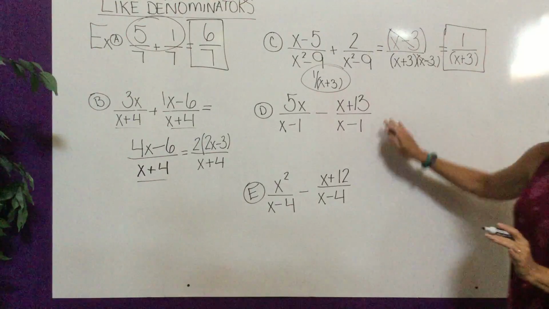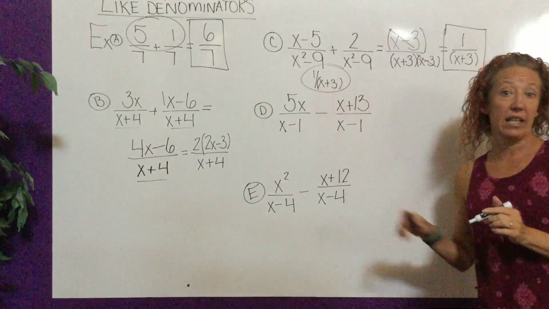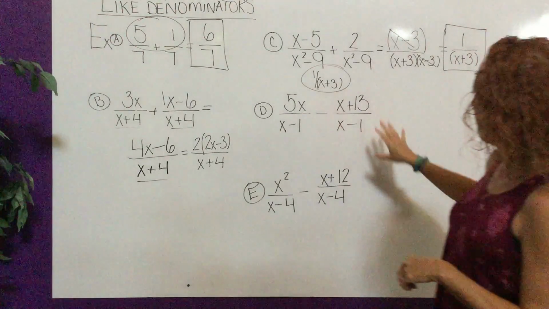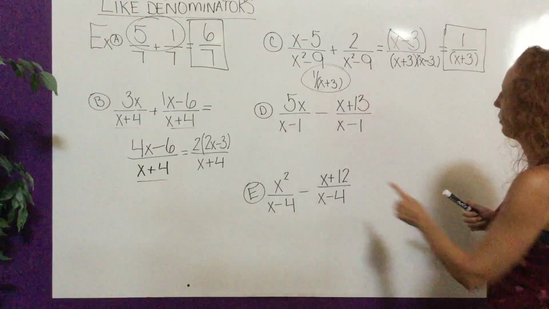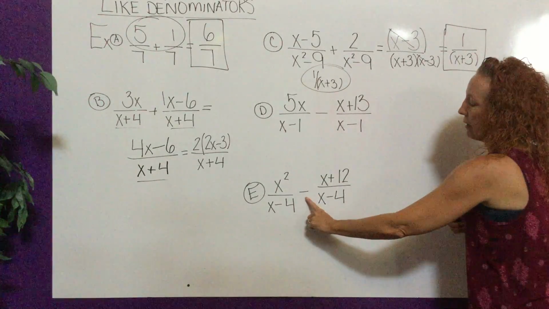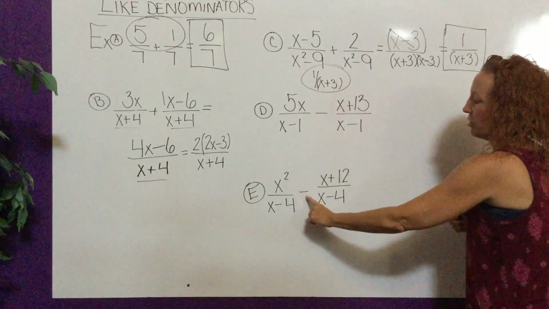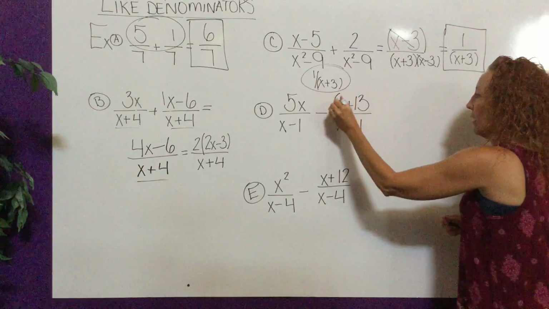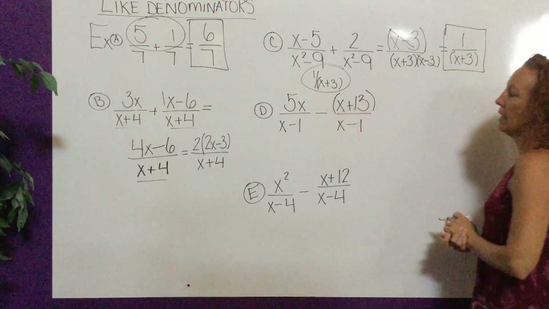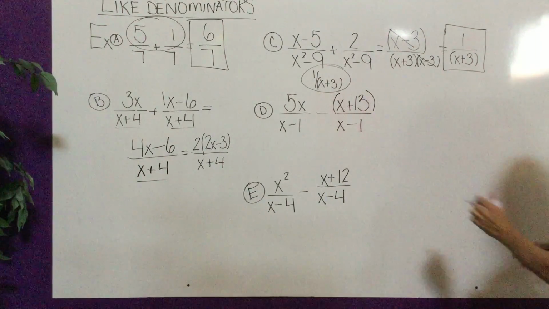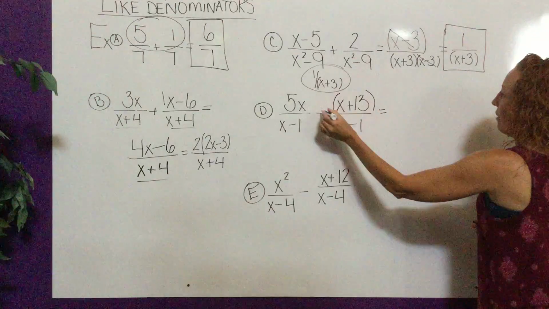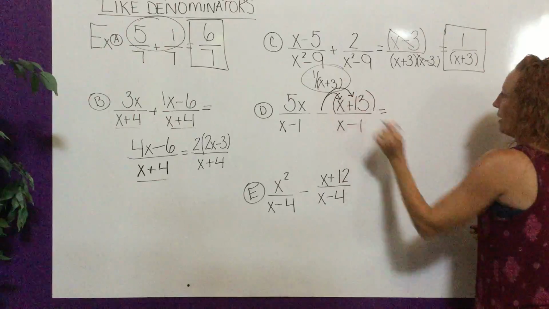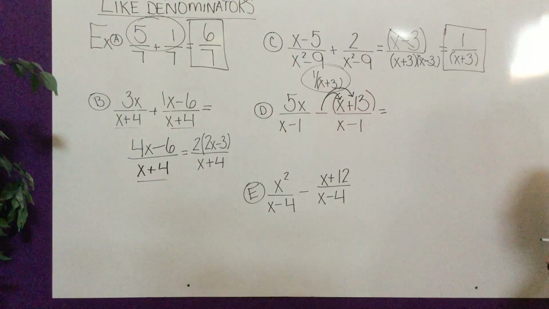All right, 5 and 6, or D and E, change it up just a little bit. Gosh, I'm not even counting correctly, am I? This is the 4th and the 5th example. Notice your negative. When you are subtracting fractions, you need to distribute that negative to everybody in the numerator, meaning that this is going to become a negative x and this is going to become a negative 13.